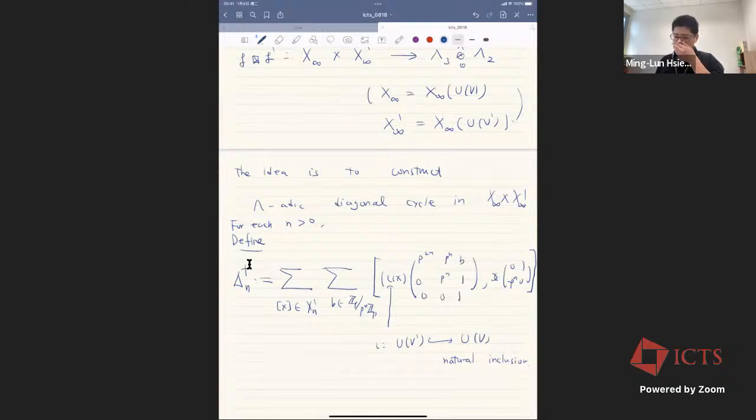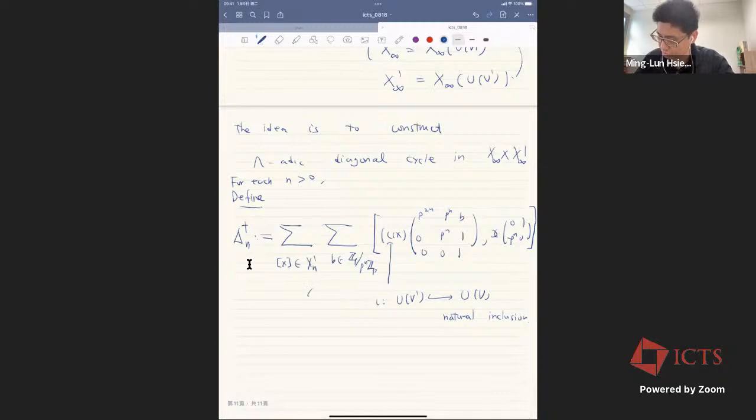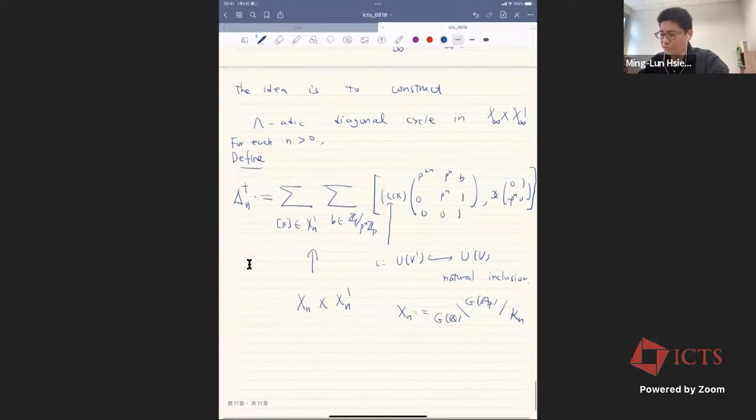Okay, so we define a formal combination of elements in X_infinity cross X_infinity'. So we can view this as an element in X_n cross X_n'. Okay, so X_n is just this, I forgot to give the name.